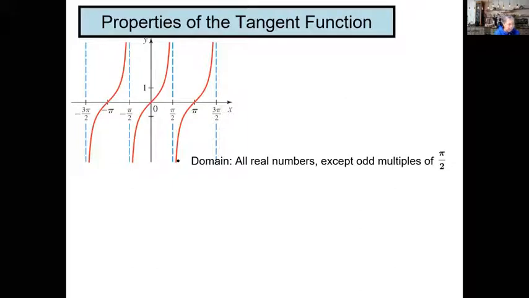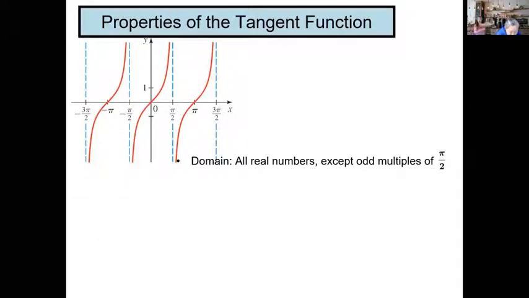So the domain is all real numbers from negative infinity to positive infinity, but we have to exclude every odd multiple of pi over 2.